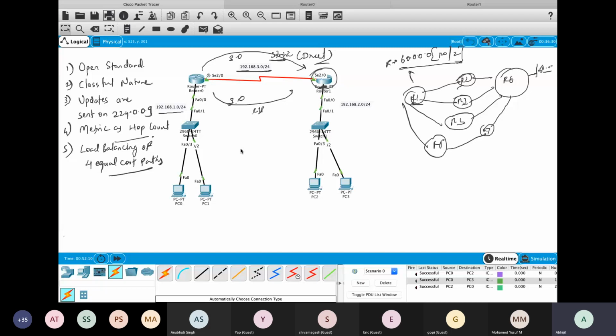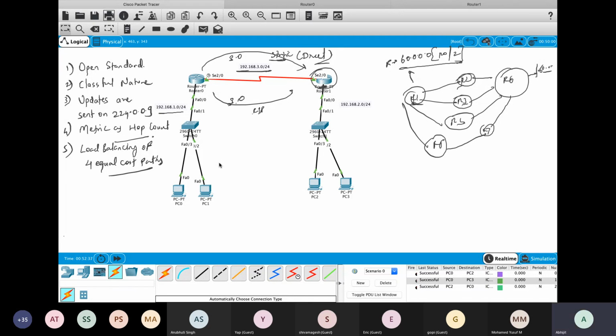All of those neighbors, R2, R3 and R4, will have the information that 60.0.0.0 is connected to them, or they are giving the information about that route that they are connected via 2 hops away from R1, right? So R1 is going to add that route into the routing table.